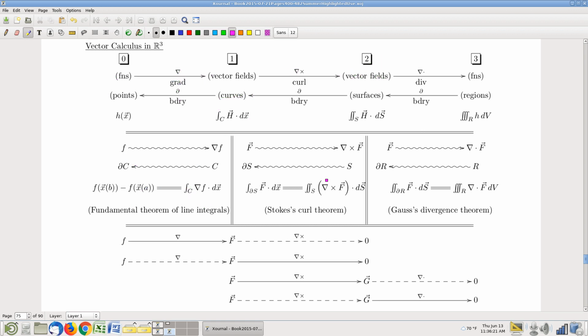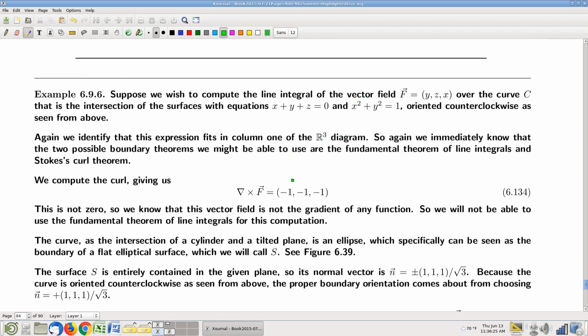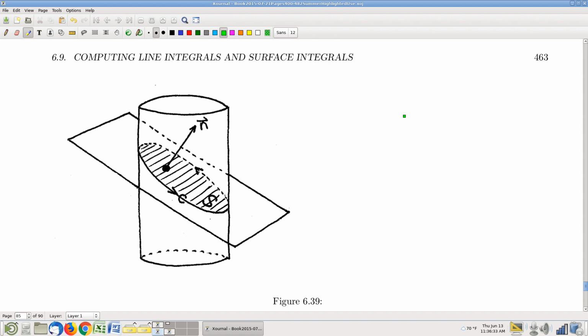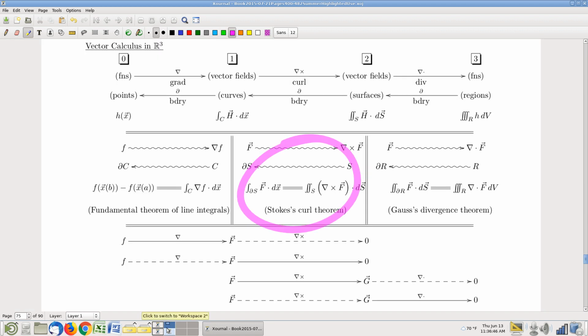So can we use Stokes' curl theorem? We next wonder. Well, I got to think about my curve. My curve is the intersection of that plane and that cylinder, and we have a picture here. And we've considered this sort of scenario before: a cylinder intersecting with a plane, and we get a sort of tilted ellipse like this. And now let's think about orientations real quick.